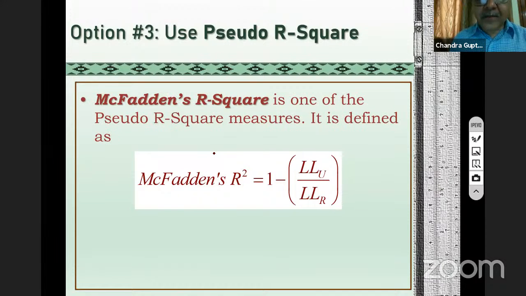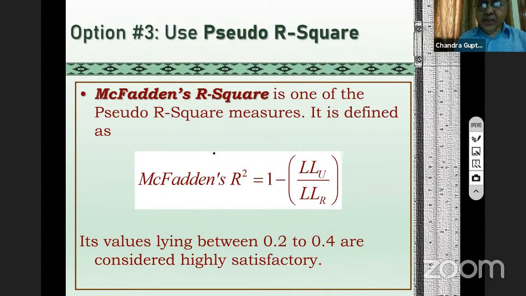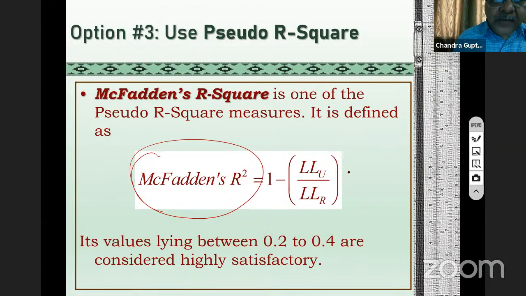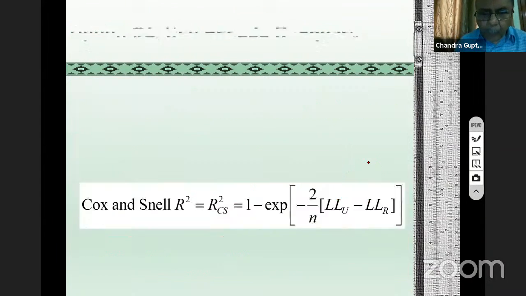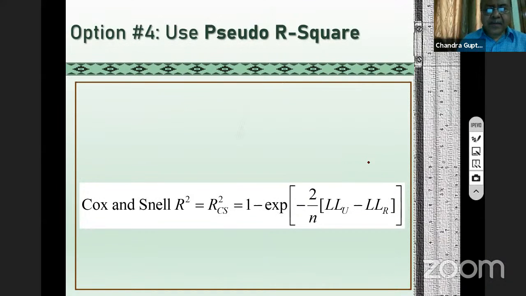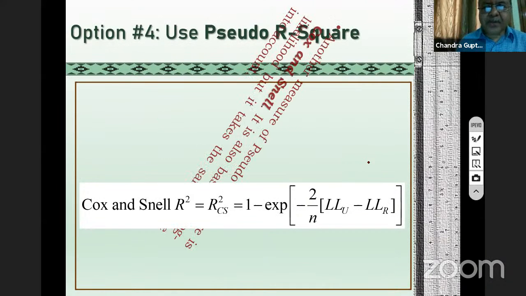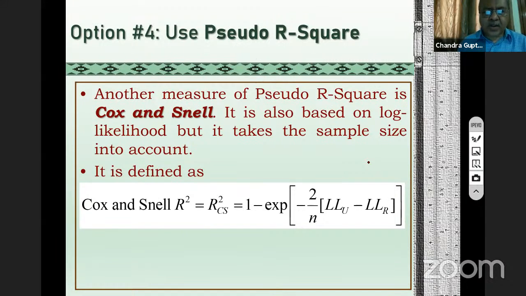The most famous pseudo R square is McFadden's R square, and that is the formula used to calculate it. Then we have another measure of pseudo R square, Cox and Snell, and that's the formula they gave.